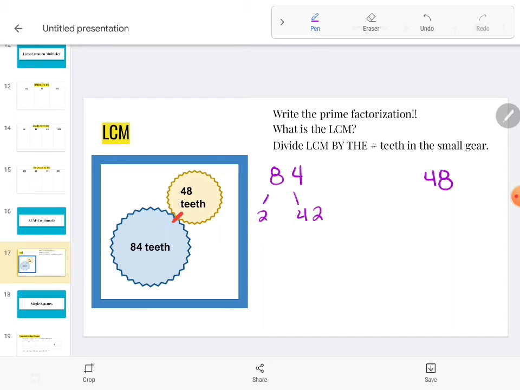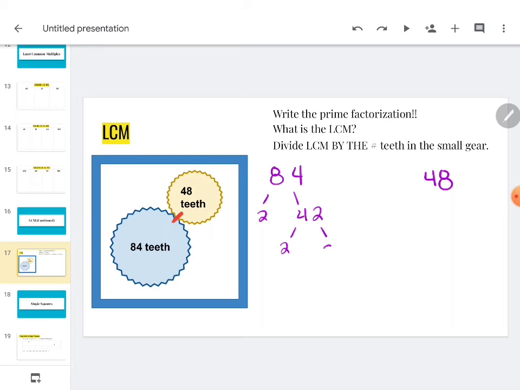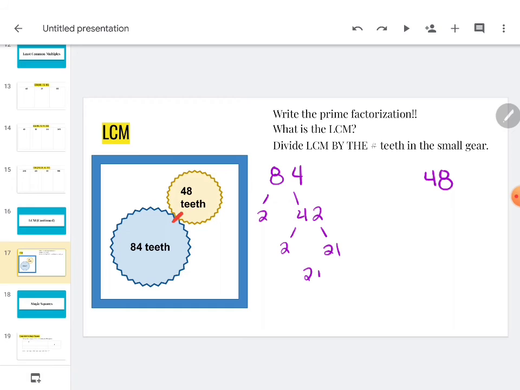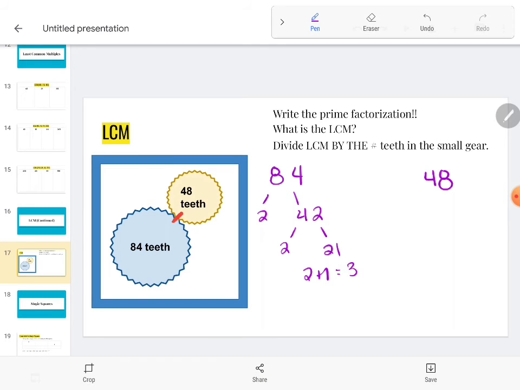Well, 42 is an even number as well, so we can split that down. 42 divided by 2 is 21, and then we know that 21 is divisible by 3 because of our rule of 3. Like 2 plus 1 in our 21 will be 3, and 3 goes into 3 one time.